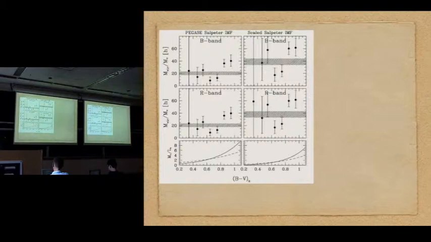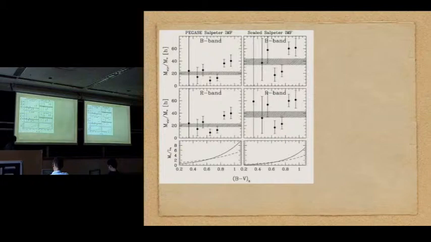The interesting thing here is that if you separate your galaxies at B minus R of 0.8, which separates early type and late type galaxies, and you compute the virial mass to stellar mass ratio, you find there's a factor of 2 difference.